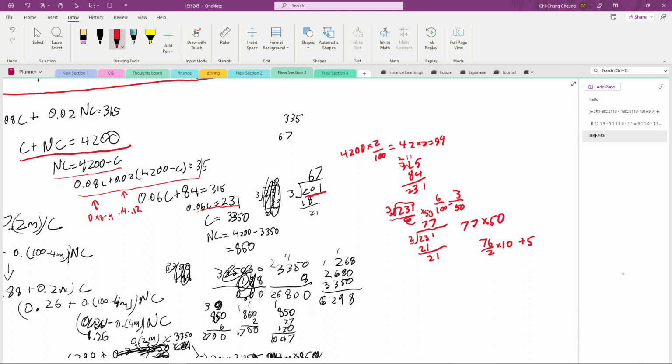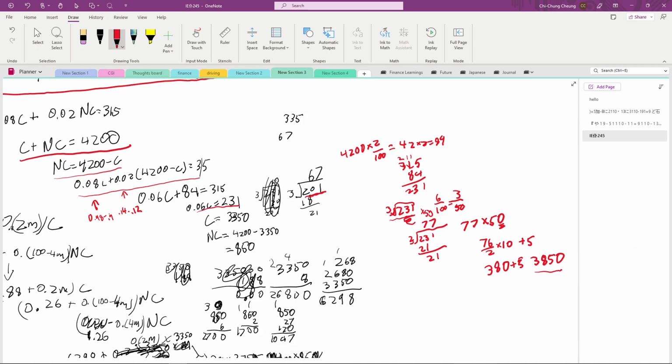This was the times 5 strategy that I spoke about before. 76 divided by 2 is 38. Add a 0, plus 5 is 385. So that's the times 5 part, and then you still have the 0, so it's 3850, not 3350.